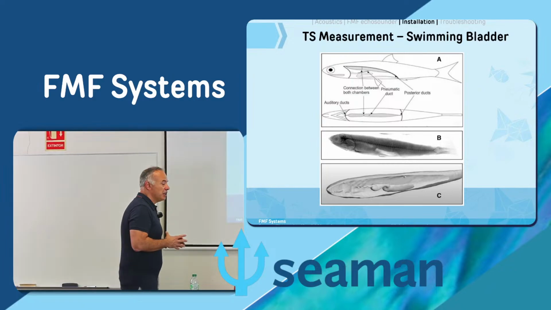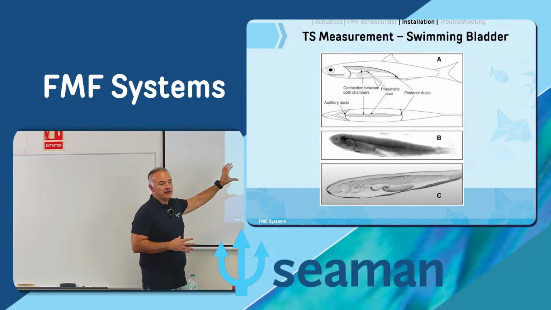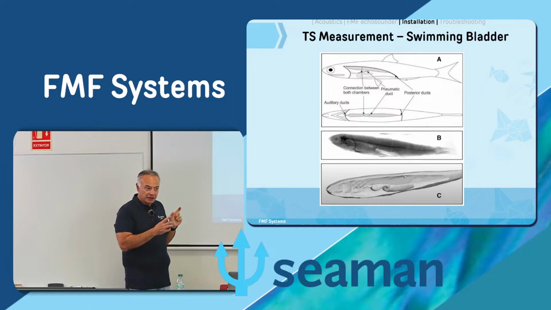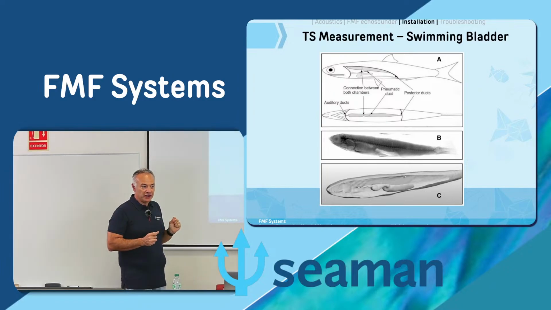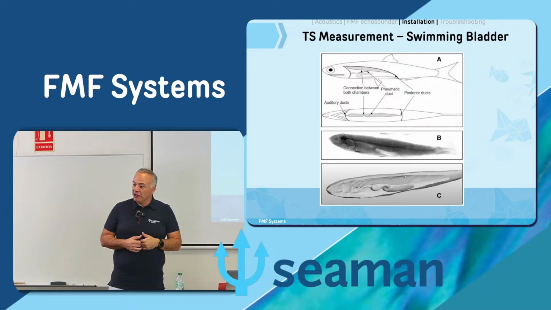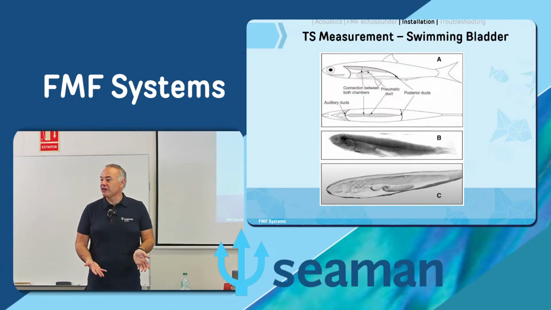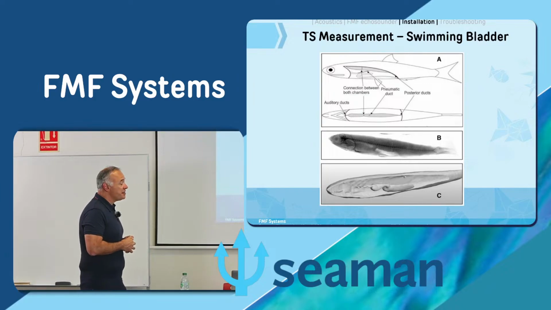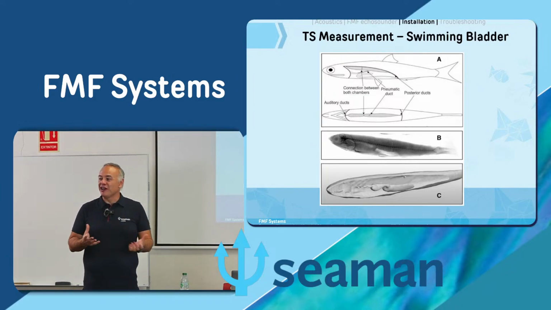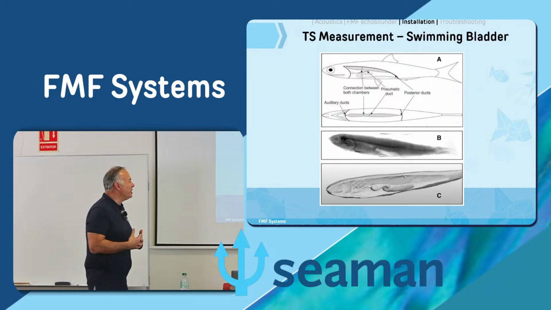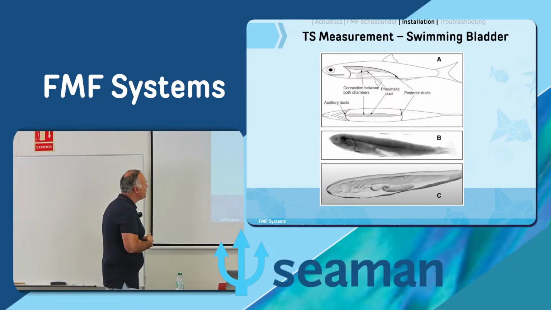Because the deeper you go, the smaller the swimming bladder is. So the same fish will give us different target strengths if it's measured at different depths. This is something that we cannot identify with the system because it's very random. It depends on the behavior of the fish.